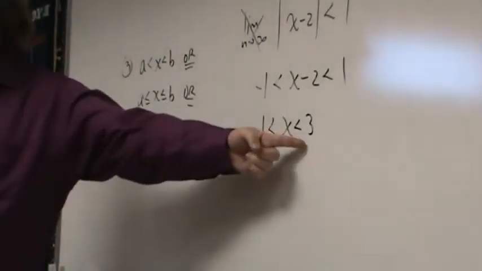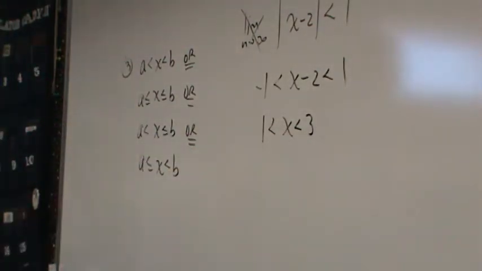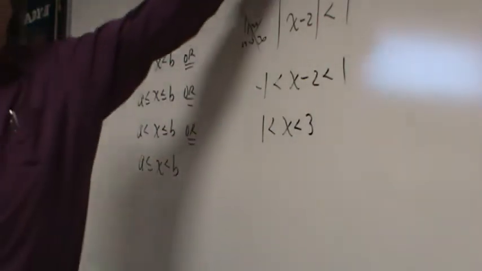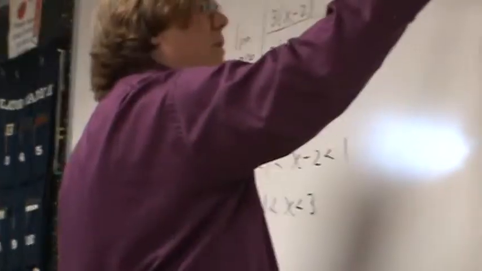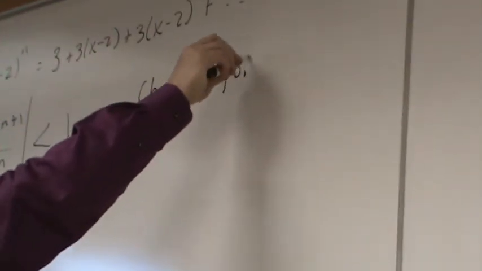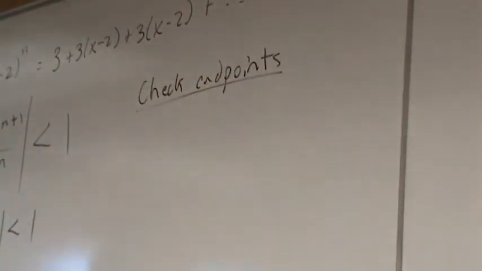You've got to check the endpoints. Well, you know what I'm going to do? I'm going to check the endpoints by literally plugging them into the original equation, okay? So here's the process of checking the endpoints, and this ends up being the reason why you learned all of that stuff about convergence of series from that little handout I gave you, so you can check the endpoints.